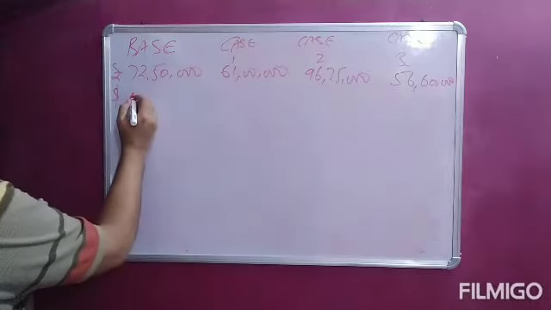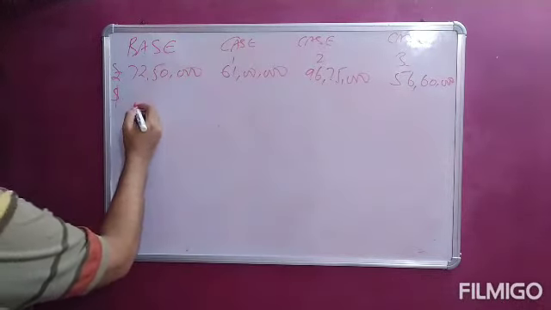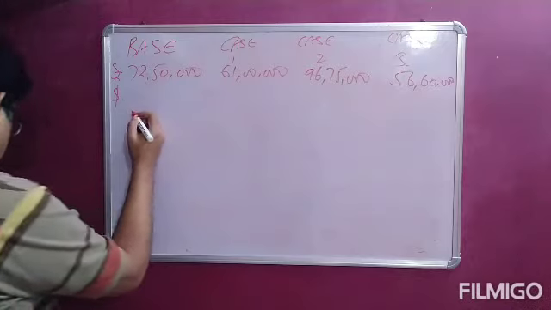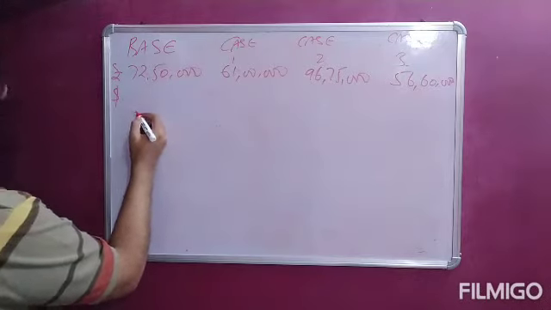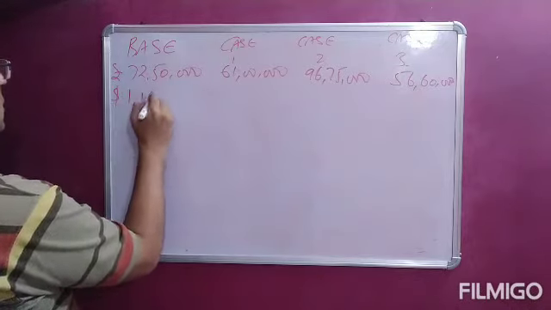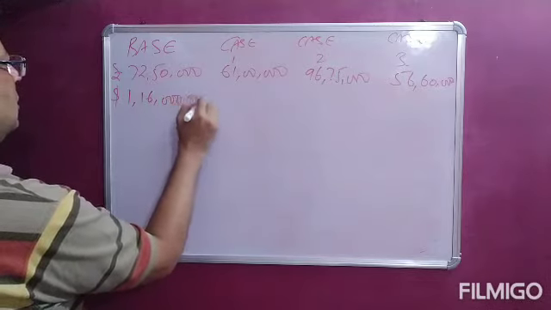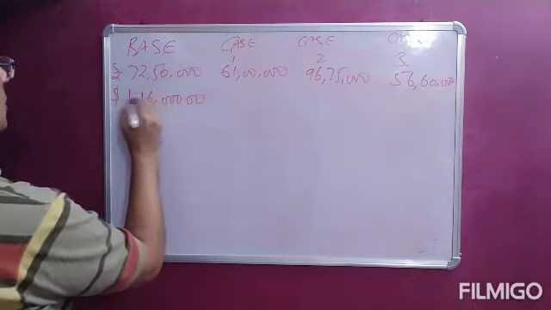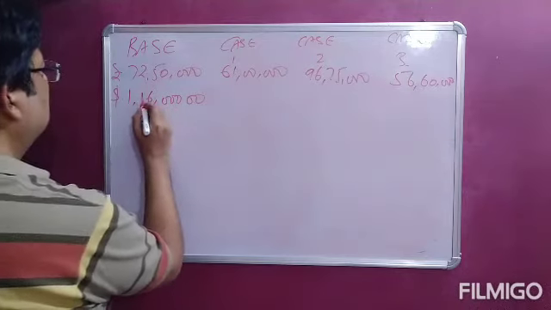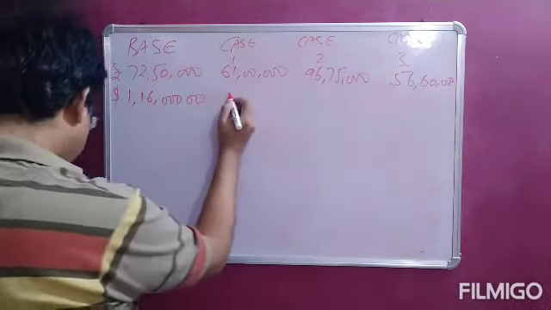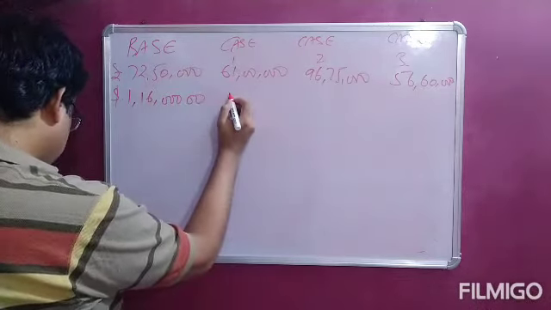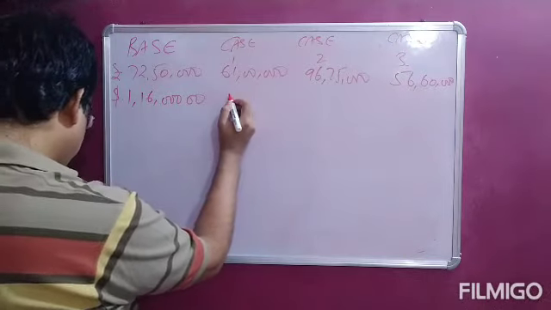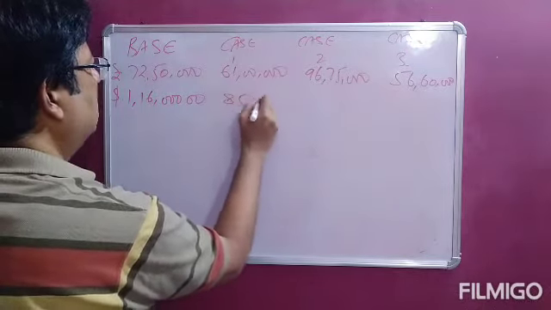And in dollar terms, the base case gave us an annual cash flow of 1 crore 16 lakhs. Then in case 1, in dollar terms, it was 85 lakhs 40,000 dollars.